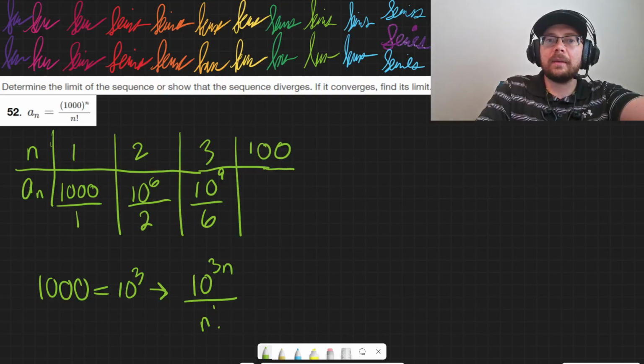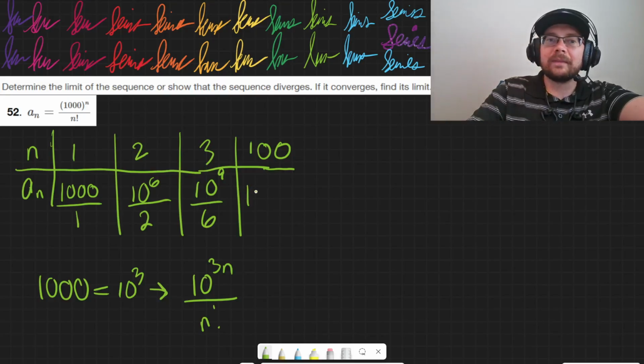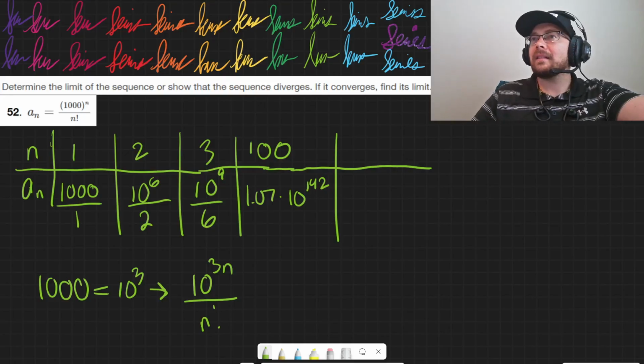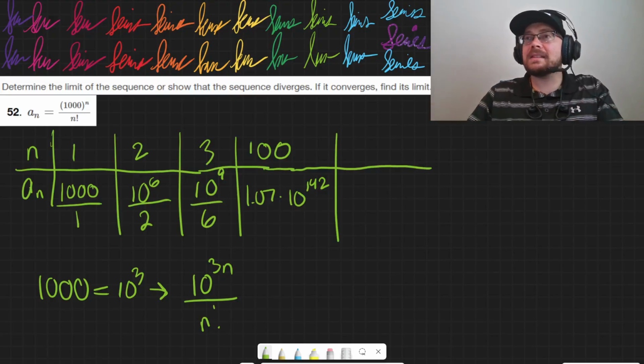There we go. f of 100 is about 1.07 times 10 to the 142 power. Yikes. Okay, then what about 1,000? Undefined. Okay, so it looks like it's going to take a while for it to come back down.